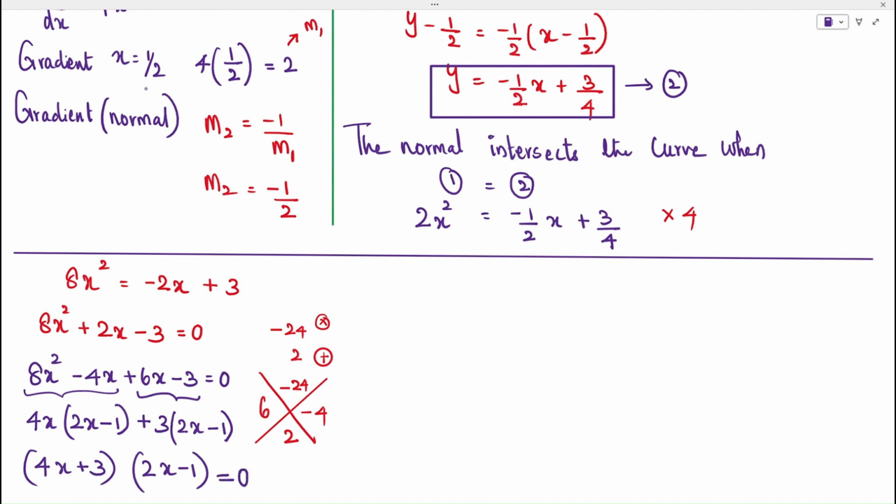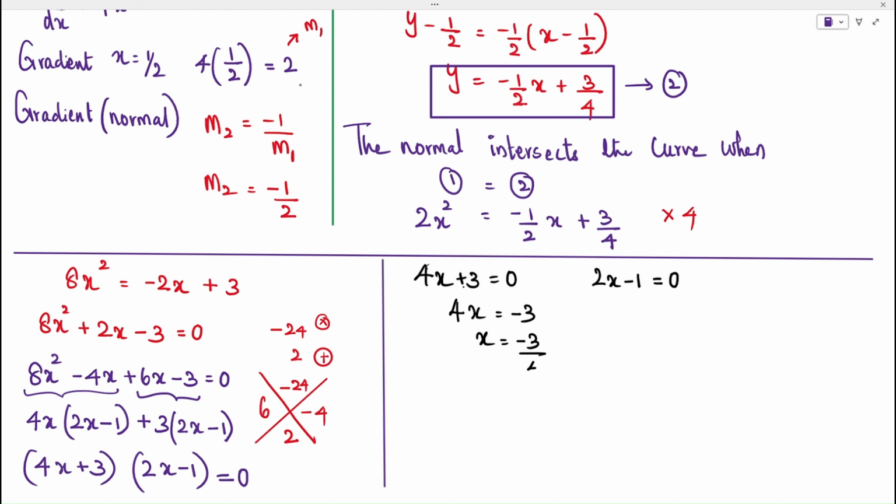So now, by isolating our two values here, we have 4x plus 3 equals 0 and 2x minus 1 equals 0. So 4x is equal to minus 3, x is equal to minus 3 over 4 for our first number, and 2x is equal to 1, x is equal to a half.